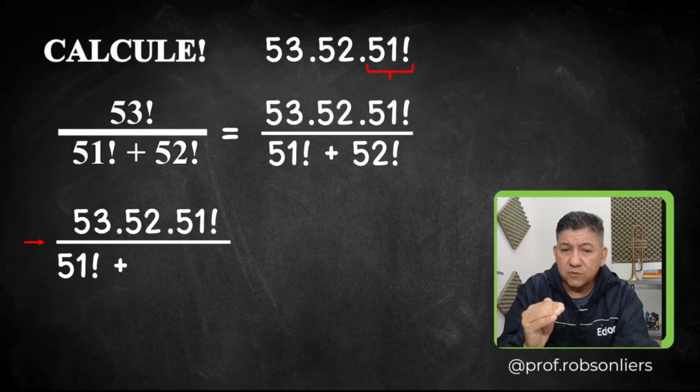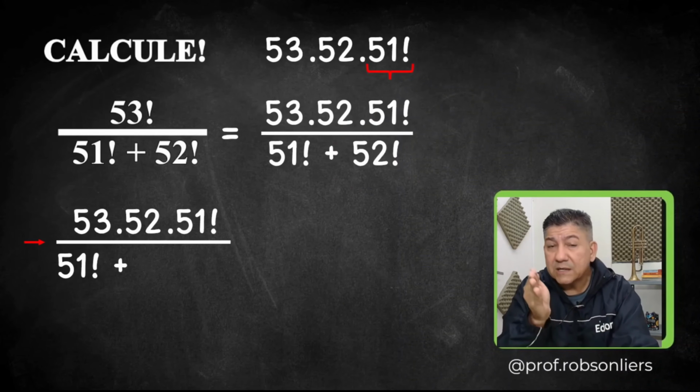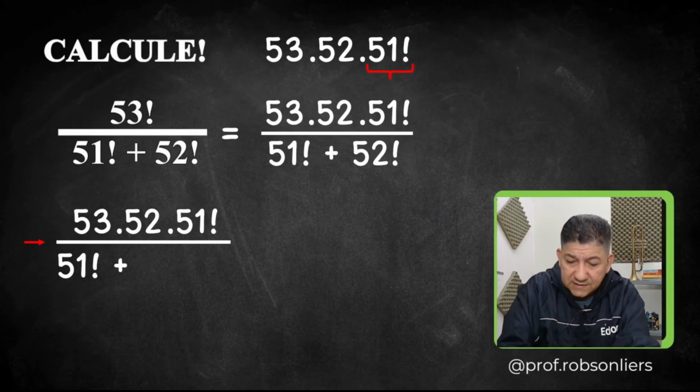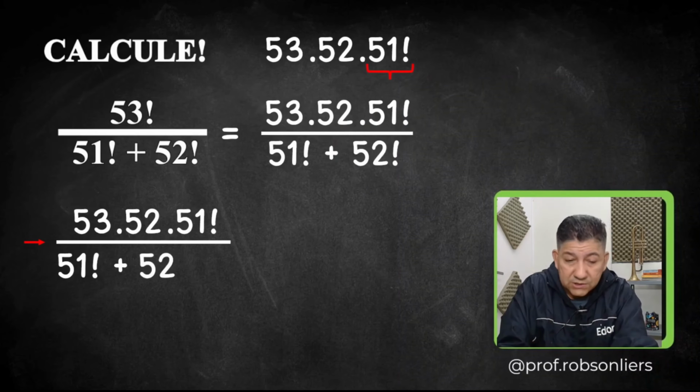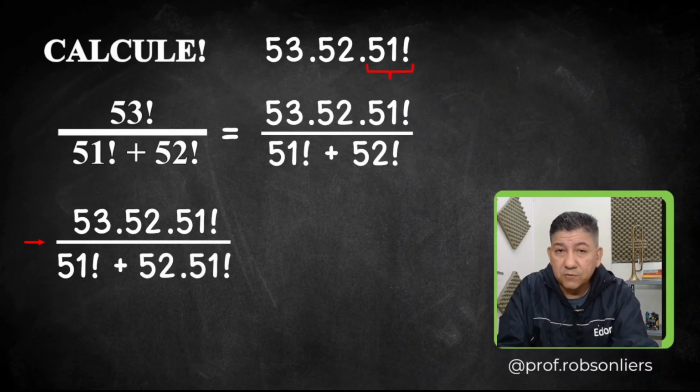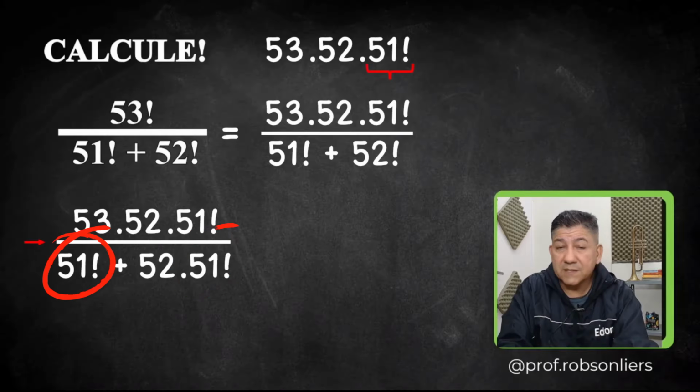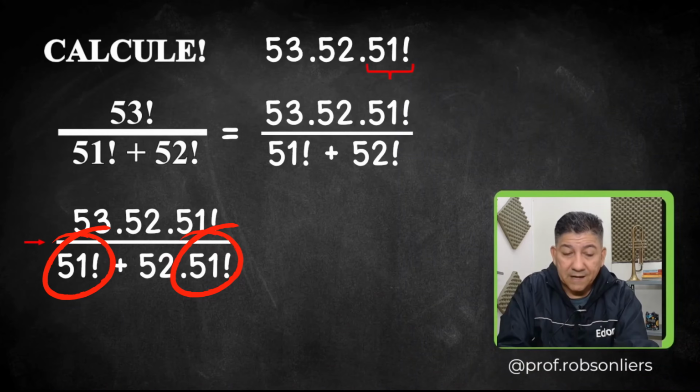For 53 factorial, didn't we keep going down until we got to 51 factorial? So let's do the same with 52. That is 52 times 51 factorial. With that, a common factor appeared. Notice that 51 factorial shows up in both the first term and the second term of this sum. Now, how do I factor it out? That's factoring out the common factor.